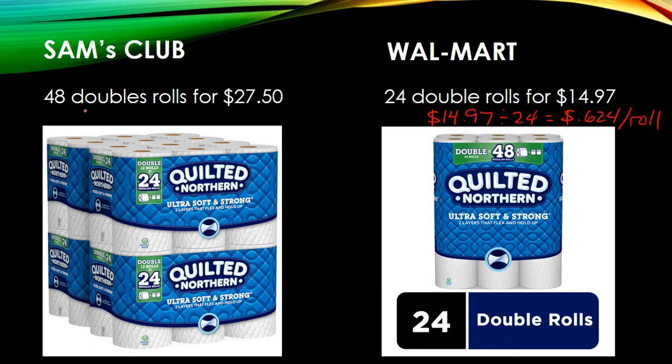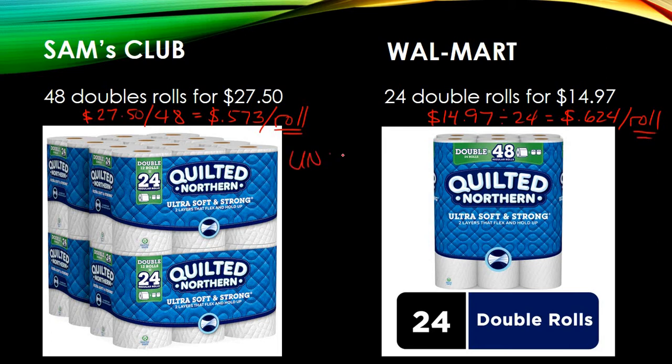All right, if we did the unit cost at Sam's Club, we get $27.50 divided by 48 double rolls, and that gives you 0.573, or about 57.3 cents, $0.573 per roll. The unit is dollars per roll. That's important. You got to have your unit there.